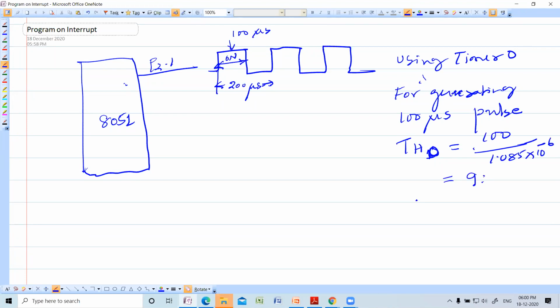So this gives you 92 in decimal. So your TH0 should be loaded with minus 92 decimal.